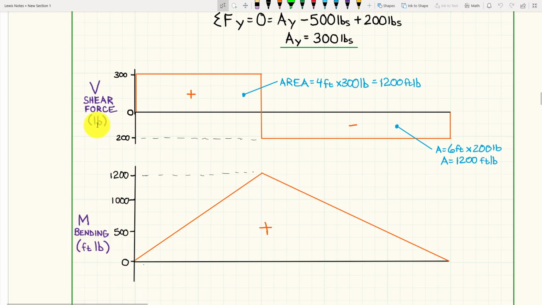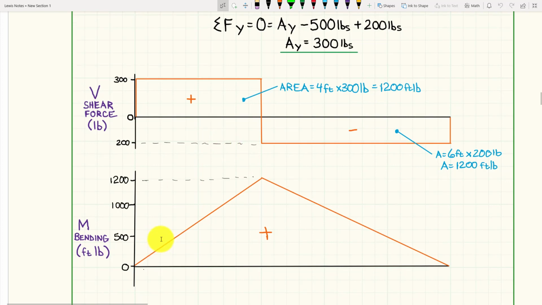So we're going to take these pounds and the distance, so that's basically the area of this section right here. So that's what I did right here. I took the area and said 4 feet, so from here to here was 4 feet, times that 300 shear force, and I got 1,200 foot-pounds of bending moment being generated. Okay, went ahead and figured out this area as well because I have a negative area here.